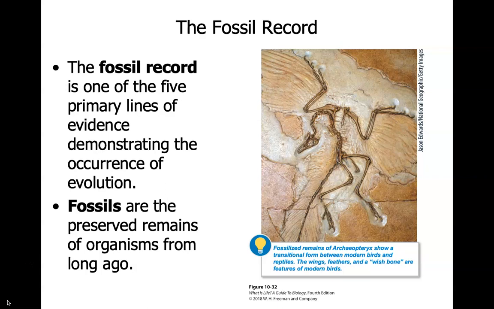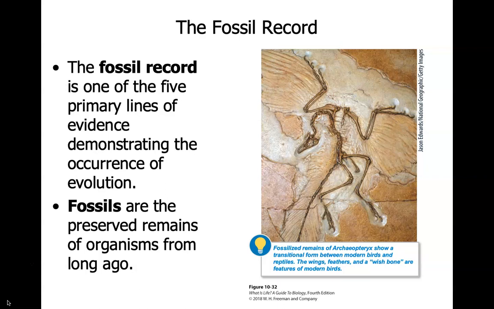Now, the fossil evidence suggests that organisms can change over time. Or at least it suggests that there have been different organisms throughout the history of life on our planet.